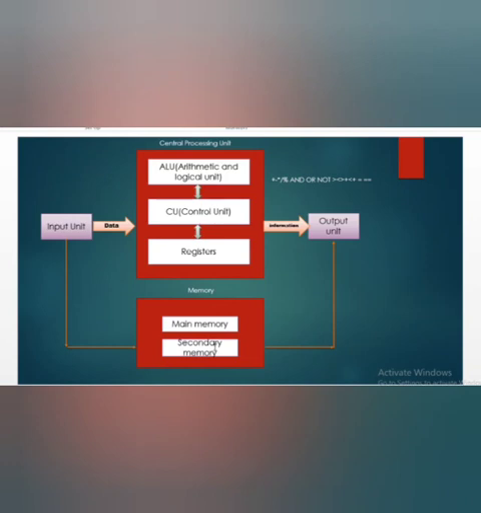After storing the data, the processed information should be displayed using one or more output units. Examples for input units are keyboard and mouse, and for output units, printer and monitor. So this is regarding the functional components of the computer system.